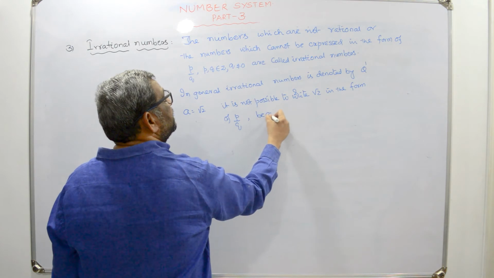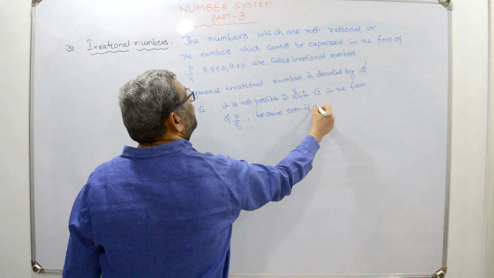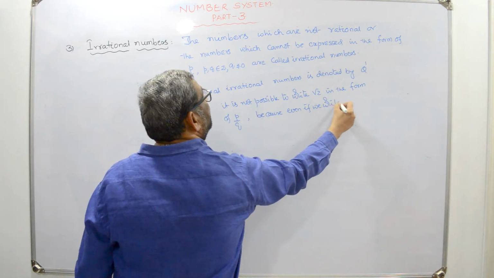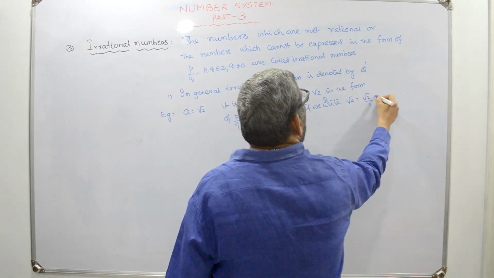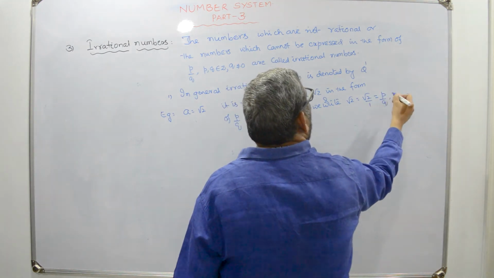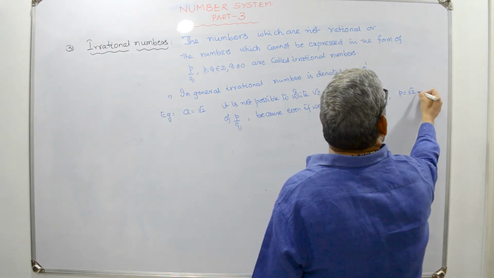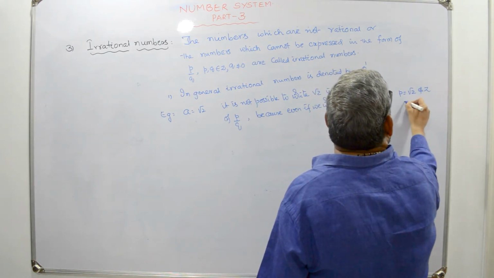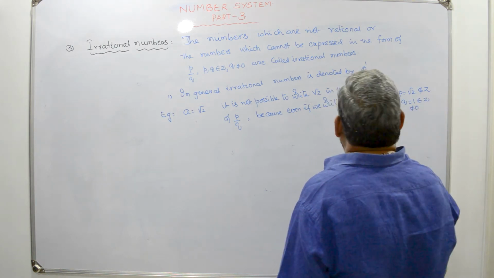Because even if we write root 2 is equal to root 2 by 1, which is equal to p by q, p is equal to root 2 is not an integer, and q is equal to 1 is an integer and not equal to 0.